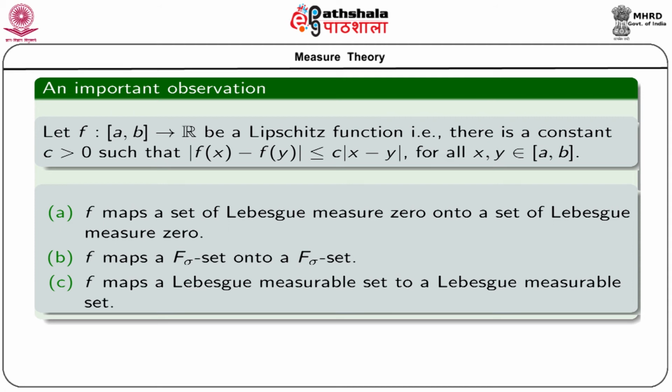We want to show that, first, the map F maps a set of Lebesgue measure 0 onto a set of Lebesgue measure 0. Secondly, we will be showing that F maps an F sigma set onto an F sigma set, and finally, with the help of A and B, we will conclude that F maps a measurable set into a measurable set.